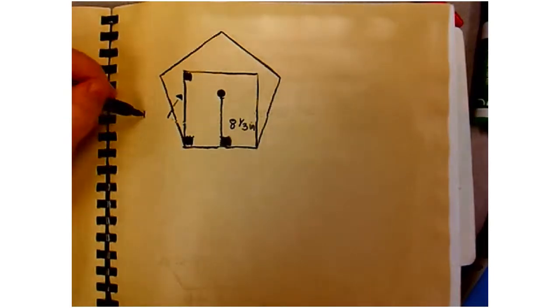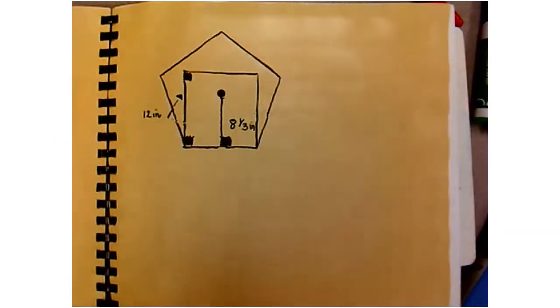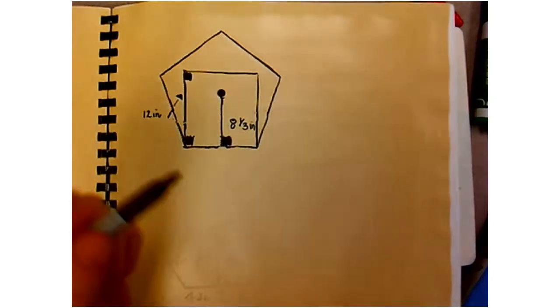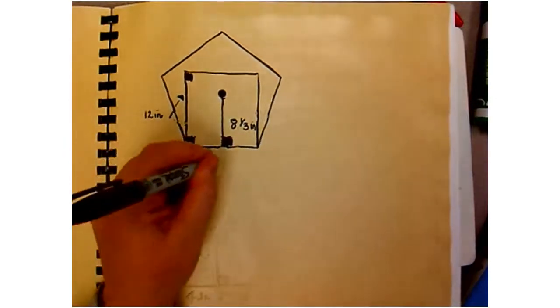It's pointing to that side, and it's saying that side is 12 inches. On the inside, that side of that quadrilateral is 12 inches. And at the base of your pentagon, it's saying it is also 12 inches.